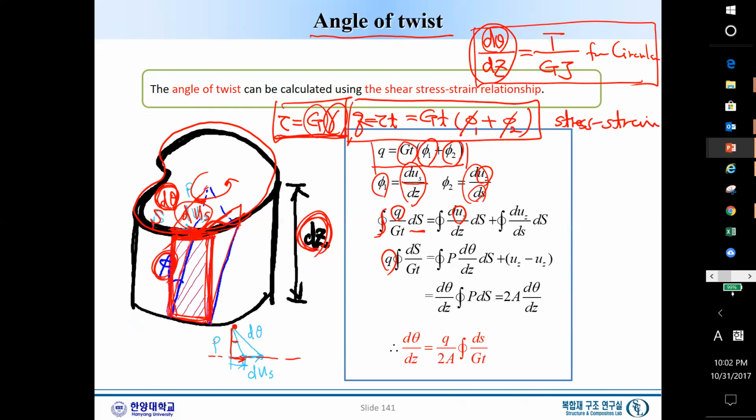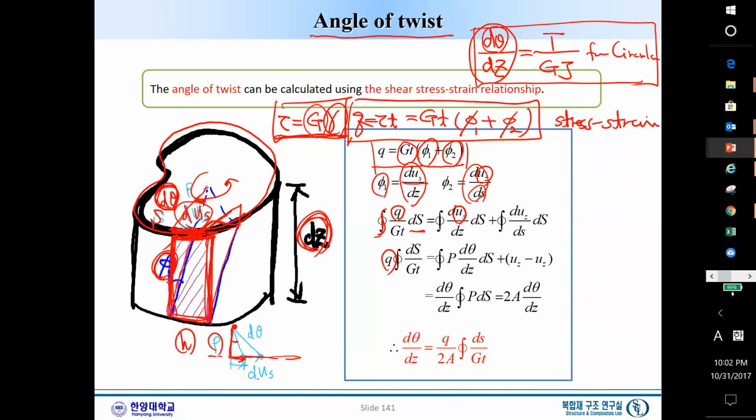Previously we called it H, but it doesn't matter whether we call it H or P. This represents the vertical distance from the center of rotation to this axis.